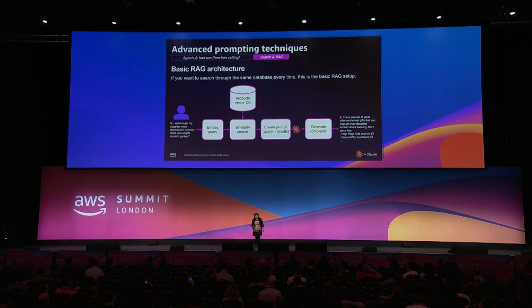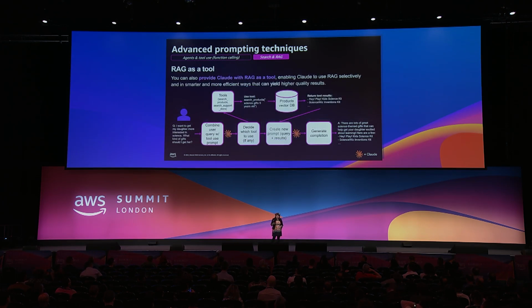However, I encourage you to experiment with your RAG architectures and really expand it and use LLMs more on your behalf. The first thing you can do is use RAG as a tool. So instead of telling the model all the RAG results after you've already done the retrieval, you can give Claude the option of using RAG as a tool. And so you have the tool use version of RAG now.